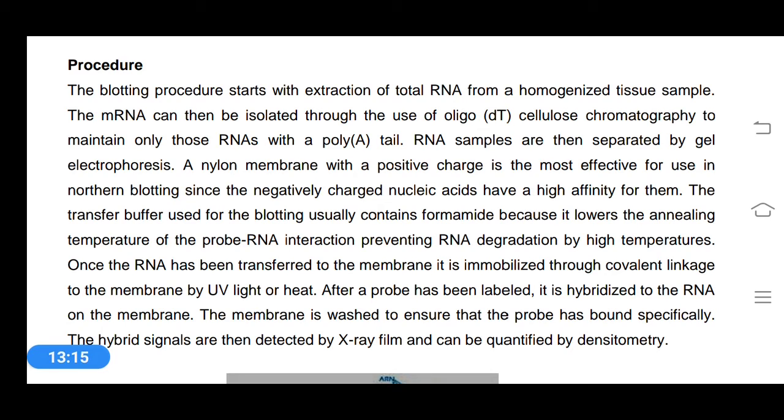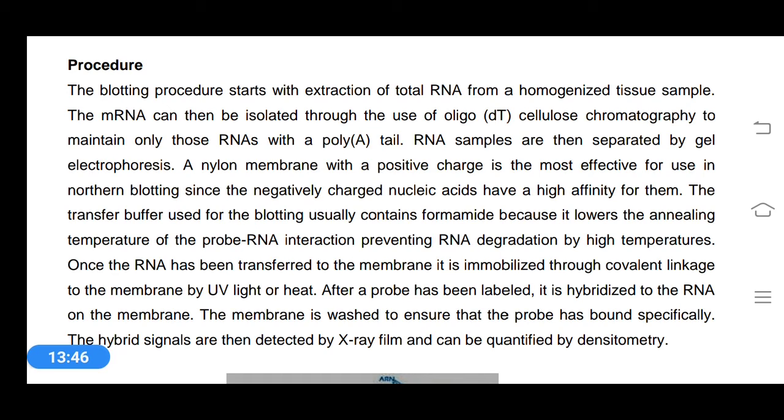After transfer of these RNAs onto the nylon membrane, immobilization will be carried out by covalent linkages along with UV light or heat, and afterwards it will be labeled with a probe for hybridization of RNA on the membrane.